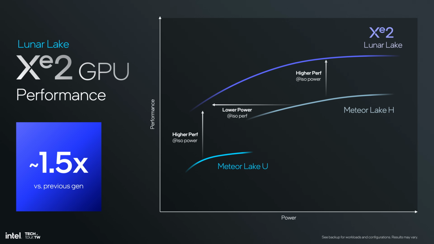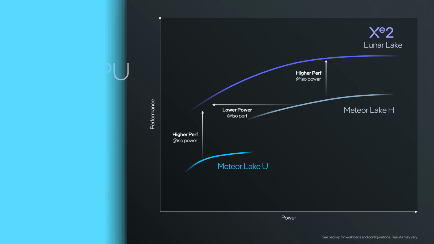For Meteor Lake, we used to have two different variations, a Meteor Lake H SKU and a Meteor Lake U SKU. With Lunar Lake, there's just one implementation, and that spans the entire power range, all the way from the high mobile part up to higher performance parts for different applications. It's amazing how wide a range. Before you needed two, and now with this new architecture, you're able to span both. It does scale much better. And this is, of course, showing you the gen-on-gen performance versus Meteor Lake, which is pretty cool.